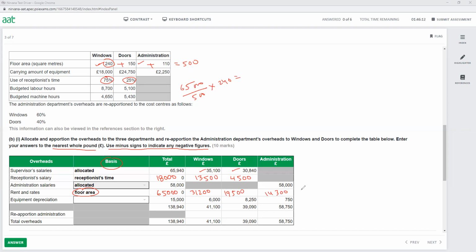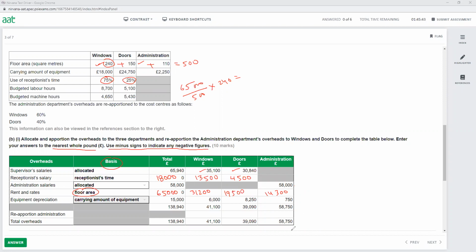All right, the next one we have equipment depreciation. For the equipment depreciation, you're always going to use the carrying amount. So we're going to use the carrying amount of the equipment. It's already done. We don't have to do anything. Now we have to add this 158 plus 14,300 plus 750, and that will give me this amount.